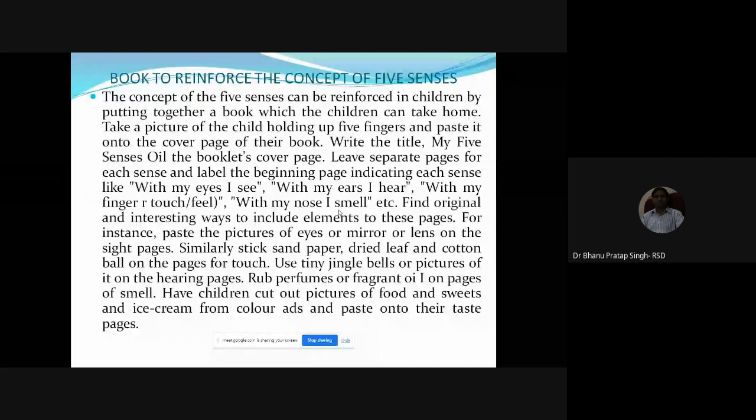Punishment is not important for reinforcement. The five senses can be developed in the child by putting together a book which the children can take home. You can give the book to the child at every kind of reinforcement.